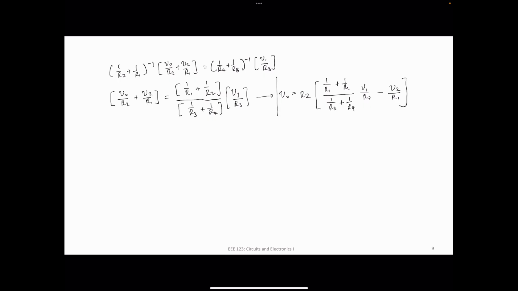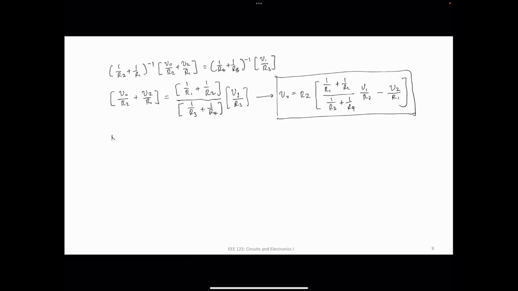So this is our final expression for V sub O in terms of V1, V2, our inputs, and then the resistance values R1, R2, R3, and R4.